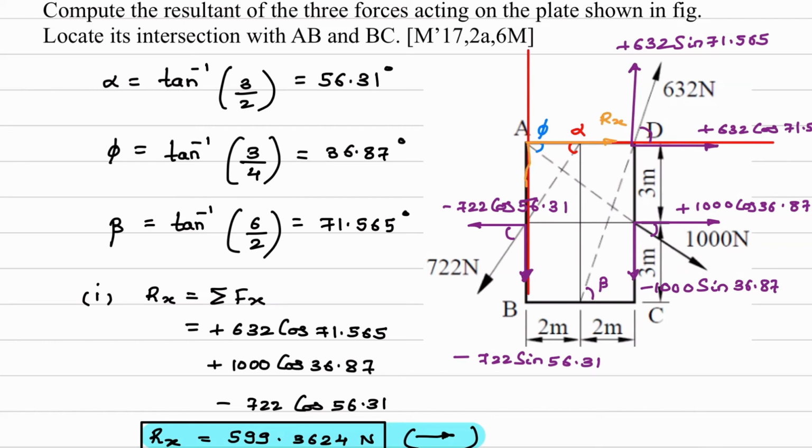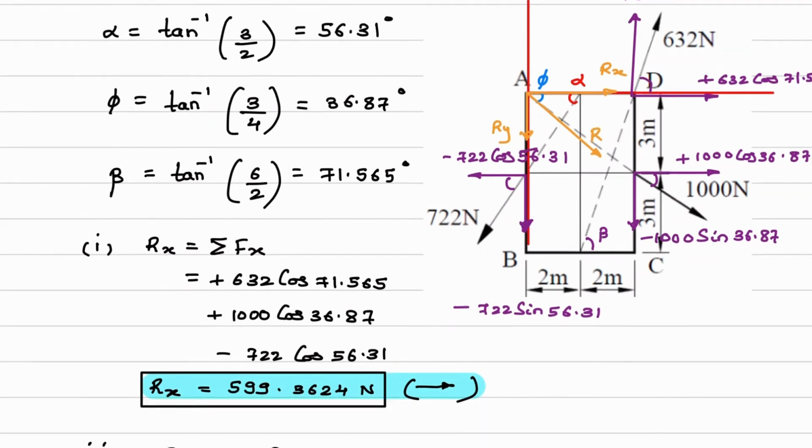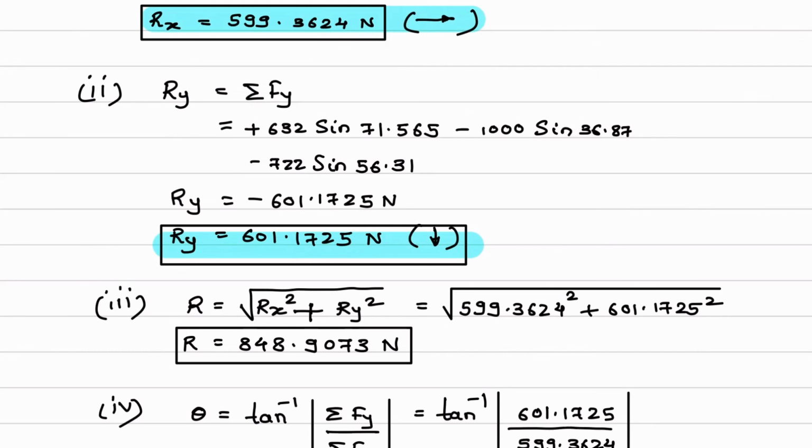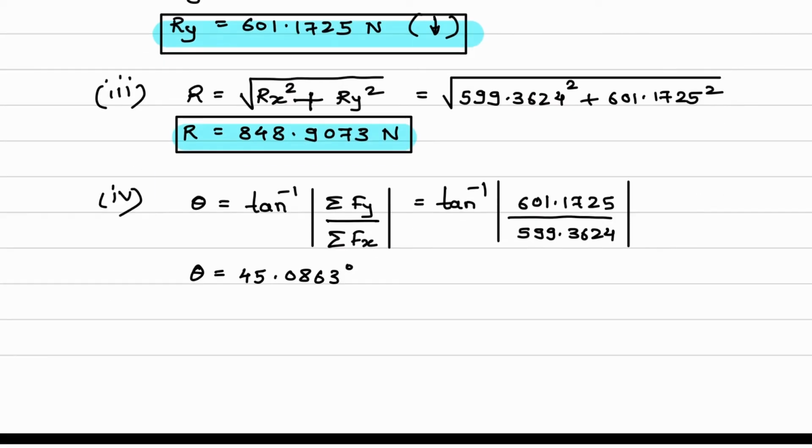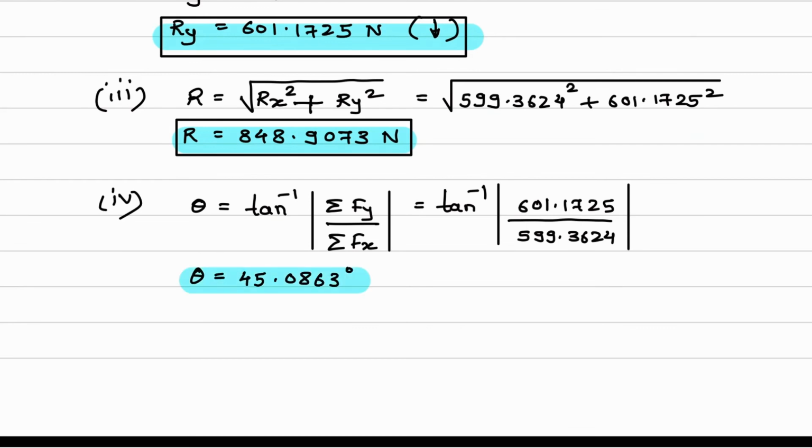This is Ry. And resultant will lie in fourth quadrant. So this is resultant R. If you consider this resultant, magnitude is written over here and angle has been written over here.